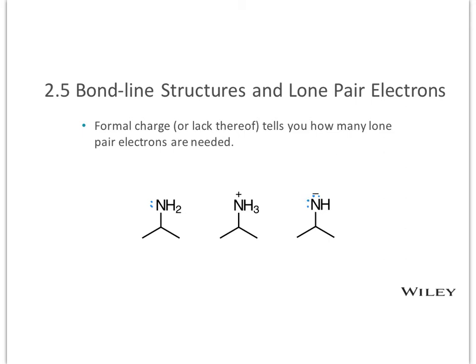So you should get comfortable looking at any structure that doesn't necessarily show lone pairs and using any formal charge information to figure out how many lone pairs there need to be. Or conversely, maybe you're not shown formal charges, but you're shown the lone pairs, so you have to quickly deduce what the formal charge would need to be as a result of the given number of lone pairs.